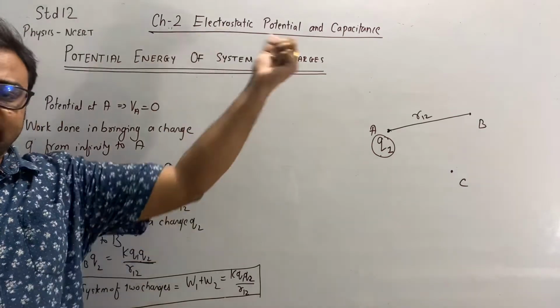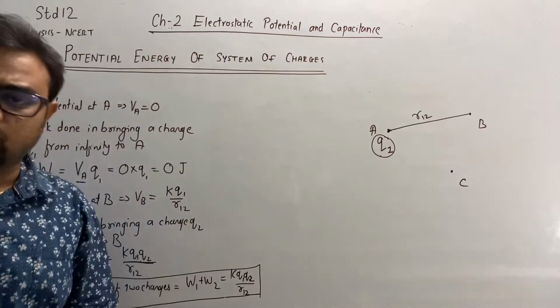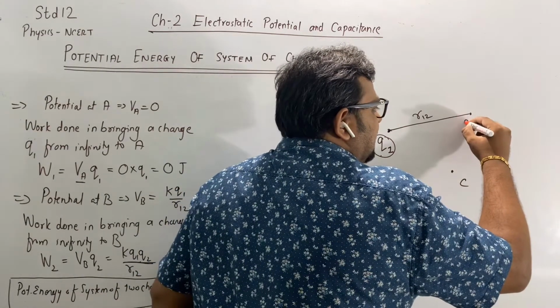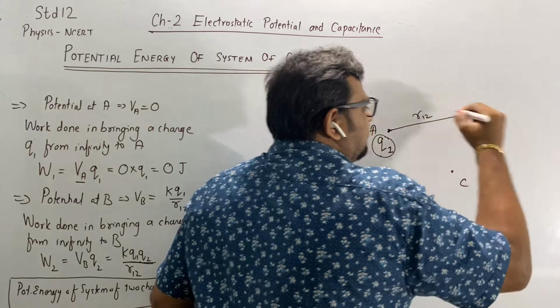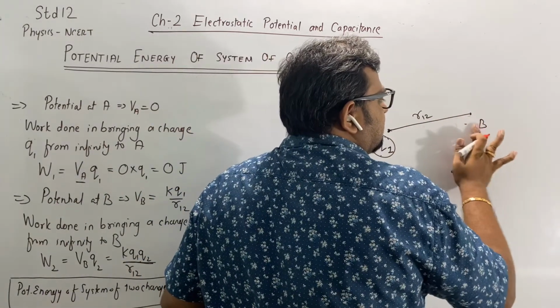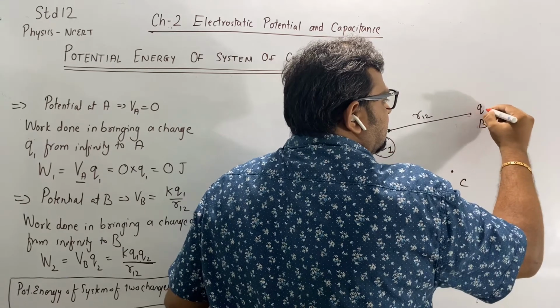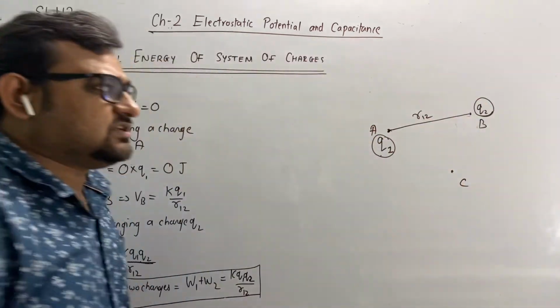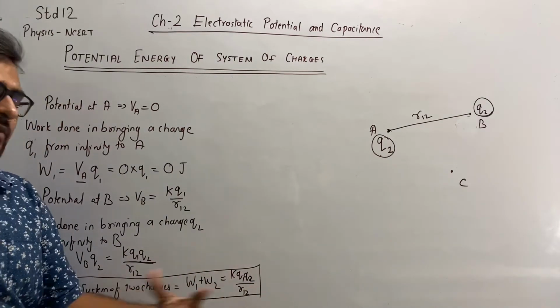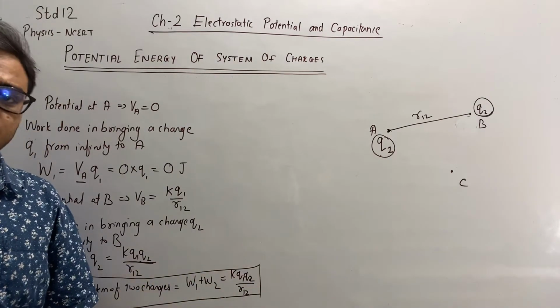Either bringing charge Q1 first or charge Q2, the potential energy of the system of two charges is the same. Let me write it down here: the potential energy will be K Q1 Q2 upon R12.